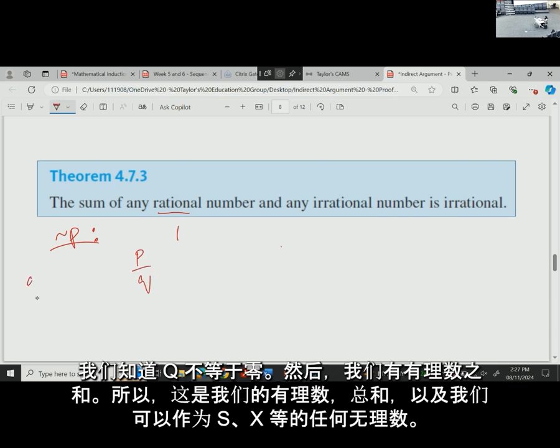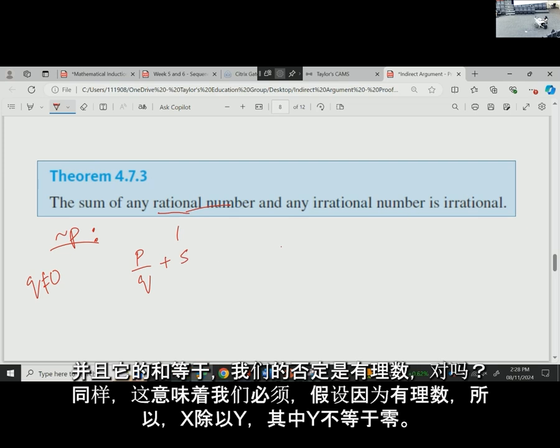Where we know that q is not equal to 0, and then we have the sum of rational numbers. So here is our rational number, and any irrational number that we can take as s, x, whatever. And its sum, our negation, is rational, right? Again, because it is rational, it is x over y, where y is not equal to 0.